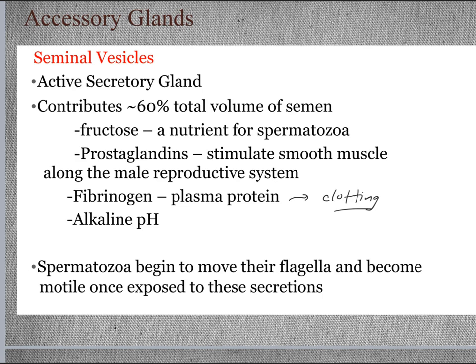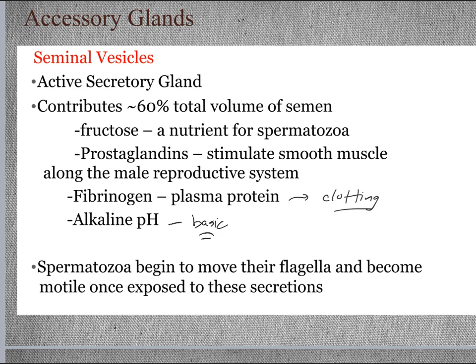The last thing we're going to see here, the seminal vesicles produce this alkaline pH. So what's alkaline mean? We're talking basic, right? And if you've ever touched bleach with your hands and you see how slimy it feels, it's because bleach is very, very basic. Well, the texture and that slimy feeling of semen is because of this high basicity.